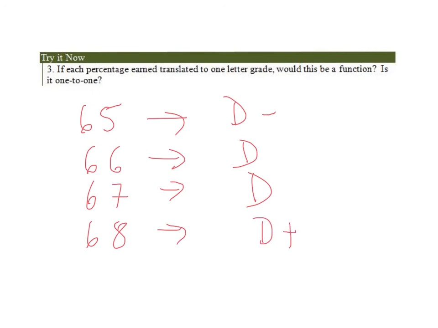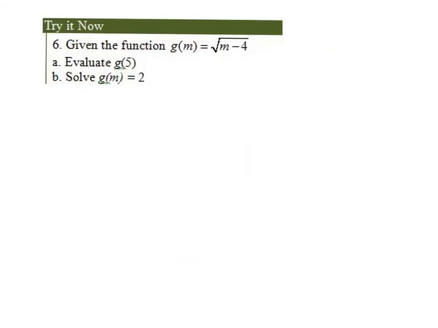All right, but what I want you to see is each of these grades corresponds to one letter grade. So it is a function. However, I've got two possible grades that'll get me a D, two possible grades that'll get me a D+, so that is not a one-to-one function. The problem was just different enough that I figured I'd walk you through it here.